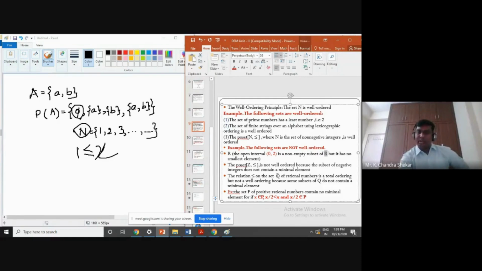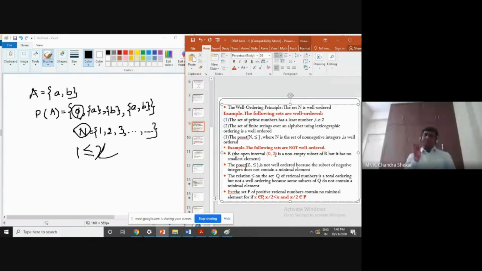I already used it in the next examples. Now here, if I take a non-empty subset, he has taken elements 0, 2 open interval. Now he is asking whether it is well ordered or not. Obviously, it is not well ordered, because of the same reason we explained just now, for the integers or real numbers, for rational numbers, all the numbers.